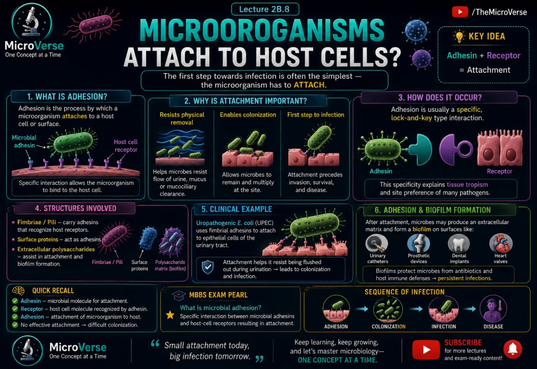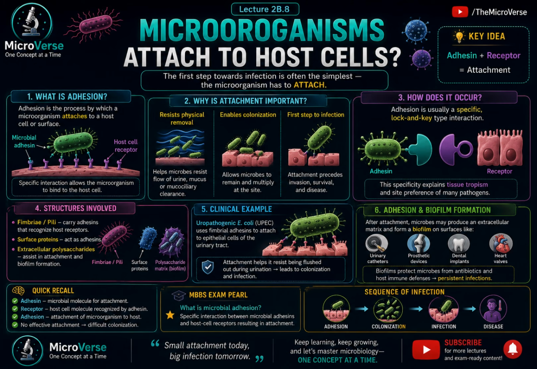So today's question was, how do microorganisms attach to the host cell? They use specific microbial adhesins that interact with complementary receptors on host cells. This attachment allows microorganisms to resist physical removal, establish colonization, and in many cases initiate infection.